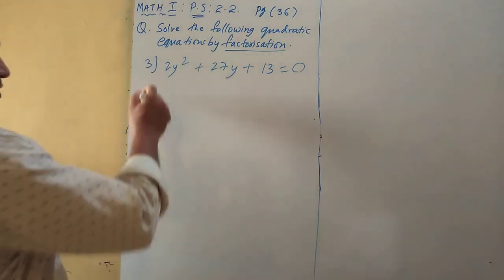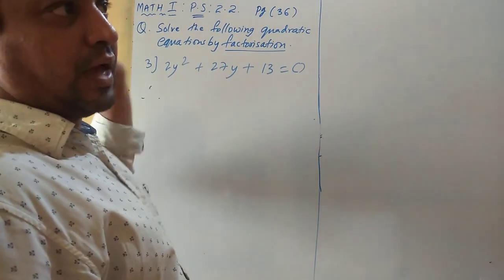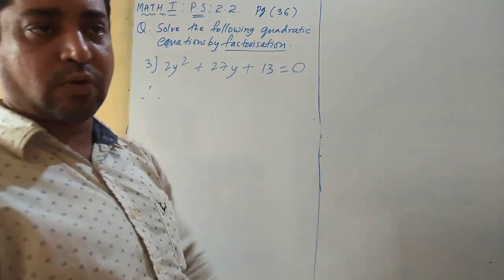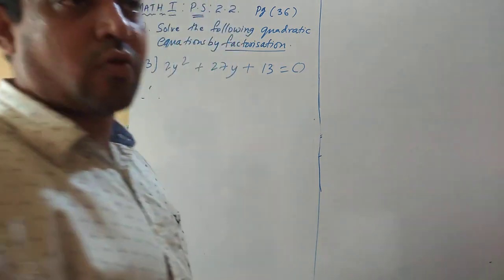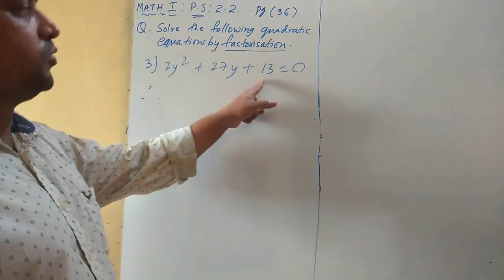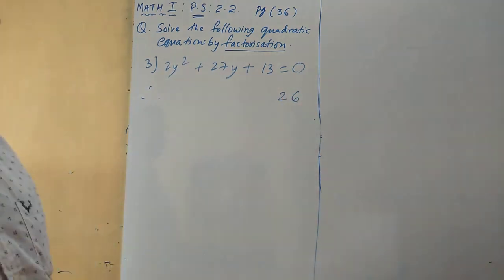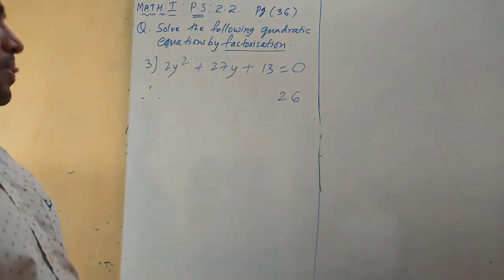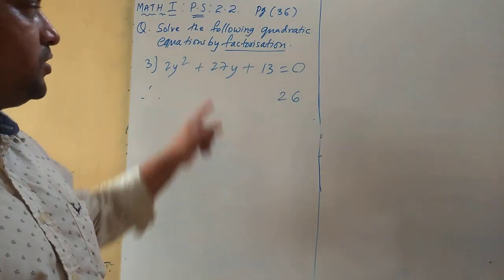Now here the product will be 2 into 13, that is 26. Earlier we used to get 1 into 20, 1 into 54. Here we are getting 2 into 13, that is 26. So when you split the middle term, the product should be 26.